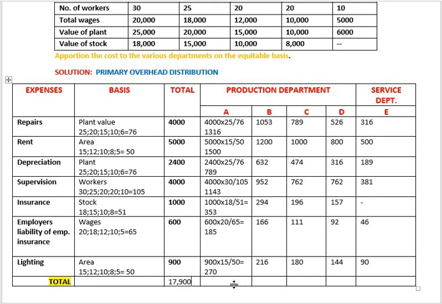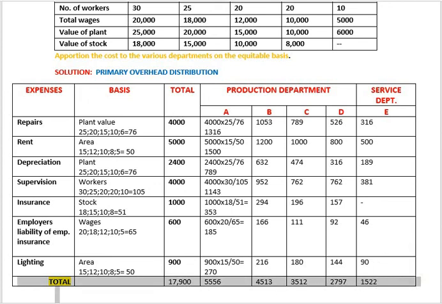Department A's total is 5,556, department B's total 4,513, department C's total 3,512, department D's total 2,797, and department E's total amount is 1,522.